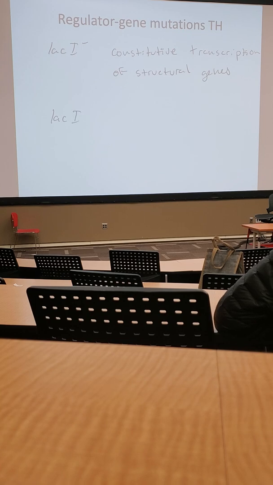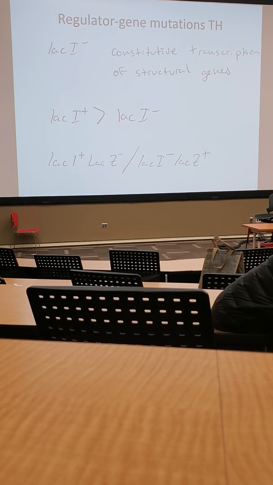So LAC-I, the wild type allele, is dominant to this non-functional mutant allele. This is not always the case, since not all mutants are recessive, so we should think about that explicitly. So here's our partial diploid. We've separated the mutant and wild type alleles of LAC-I, the regulator, and LAC-Z, the structural gene.